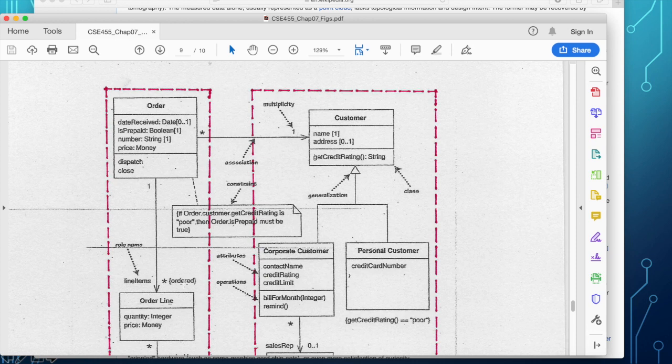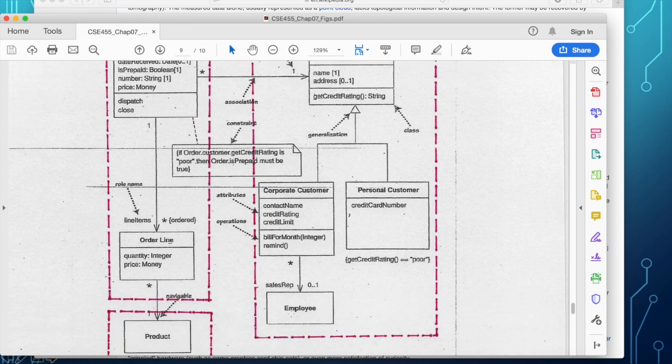So they are related, strongly related, because of the function they are supposed to do. One order here pertains to the entire list of order, and the order line is kind of a detail of one of the order lines. So they are related, and therefore we draw a boundary around them, and cohesion is high here.